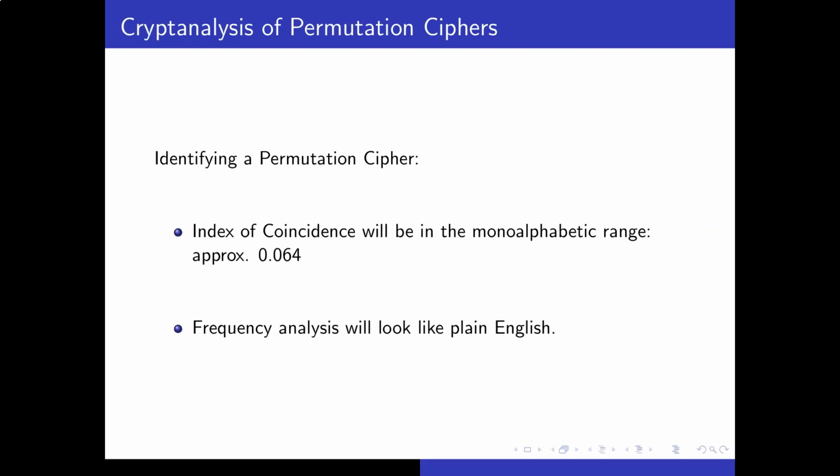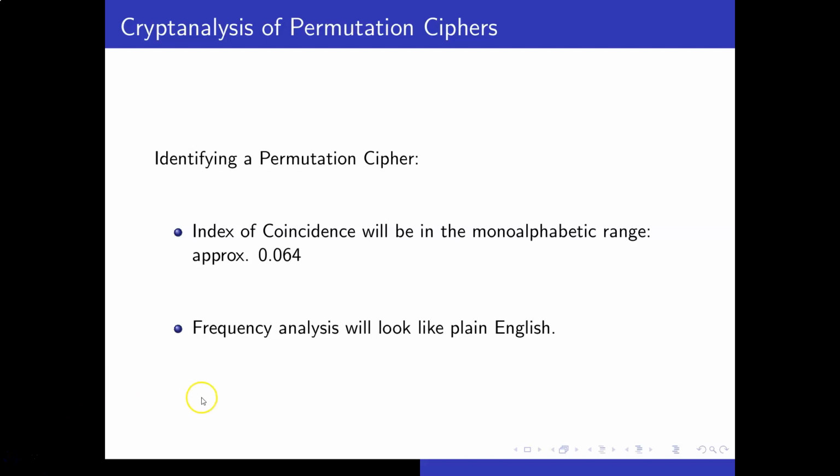It's got the right number of every character. Its index of coincidence says that it hasn't been changed. Its frequency analysis says that it hasn't been changed. We're looking at English. So this allows us to identify the fact that it's a permutation cipher, because a permutation cipher doesn't change the frequencies of every letter. They remain exactly the same. They just get mixed up. So that tells us that this thing is indeed a permutation cipher.